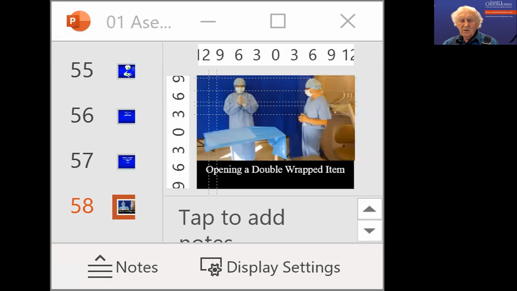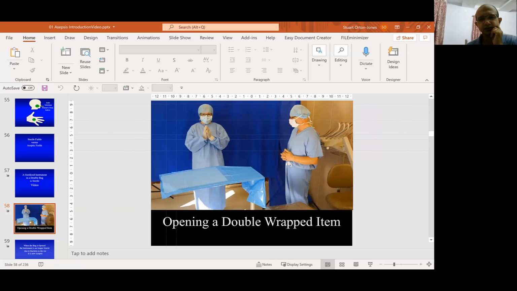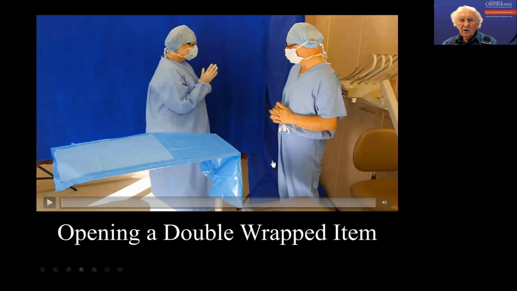Is that sharing? Yes. Okay. But it's zoomed up. It's very big. Can you maximize the screen? Let's see how. Yeah, that's better. How is that now? That's better. Okay.